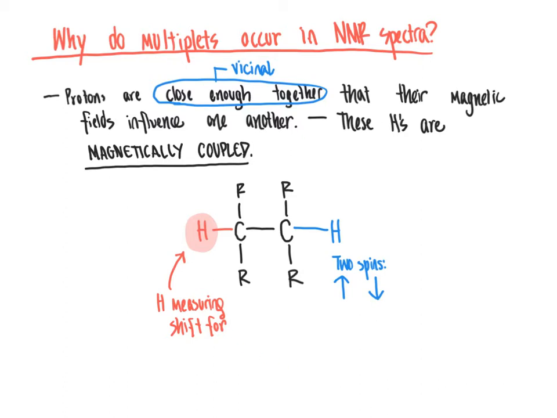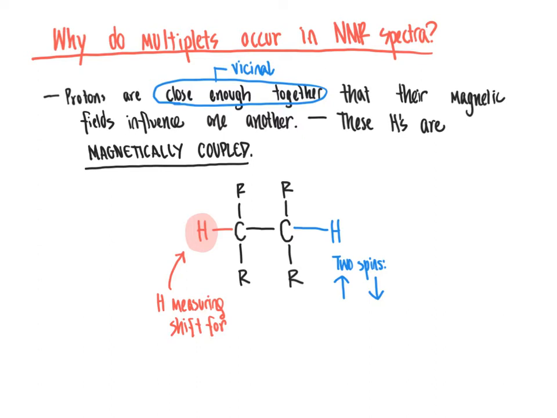And so as a result, we have two different magnetic fields that this single proton is experiencing, coupling with the blue proton, one corresponding to one of the spin states of the blue proton, the other corresponding to the other. And so this red proton is split into a doublet because it's experiencing the two different possible spin states of the blue proton.